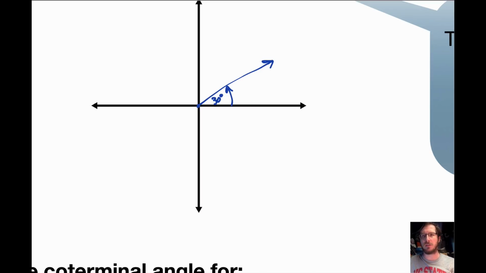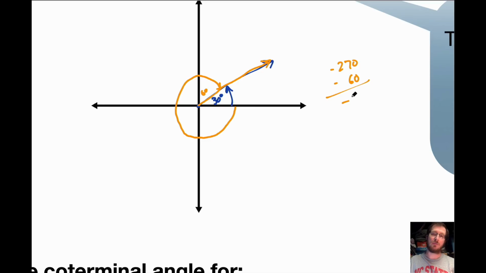If we had another angle, let's say we have a negative angle going clockwise, and we rotate past 90, past 180, past negative 270, and we end up with the same terminal side, pointing in the same direction.